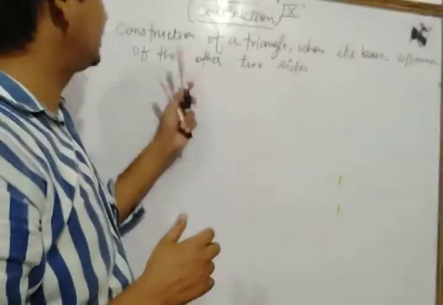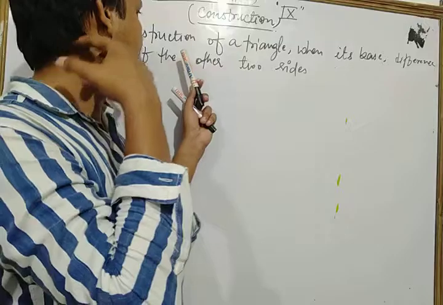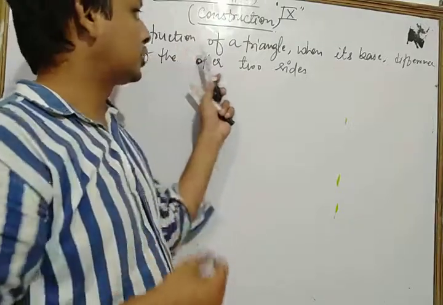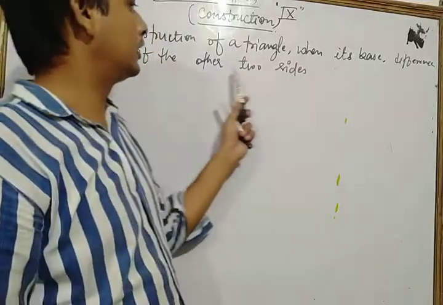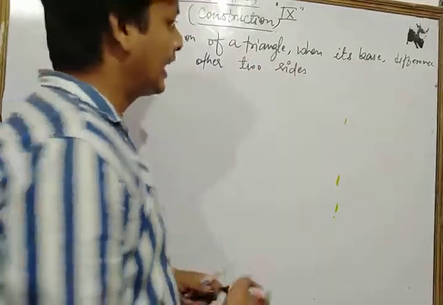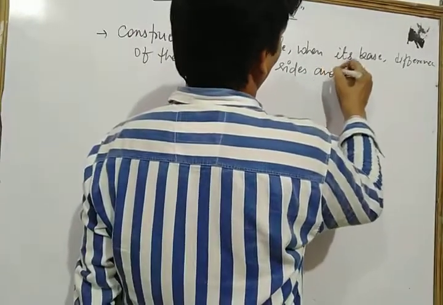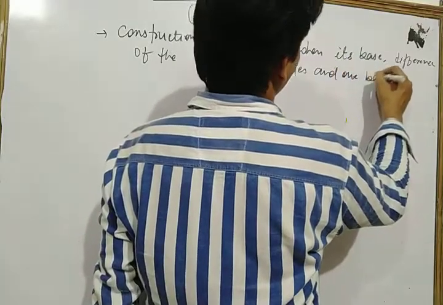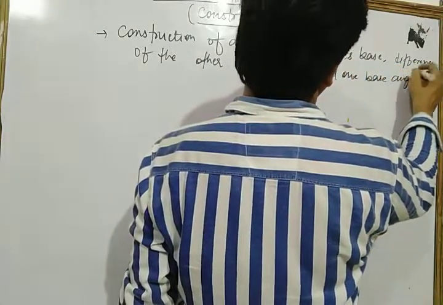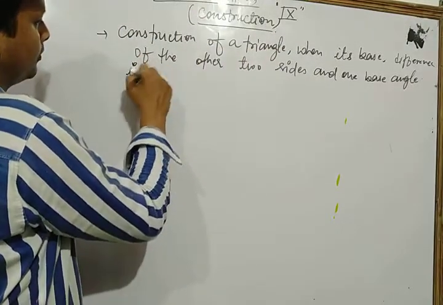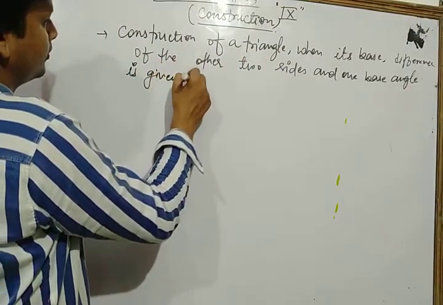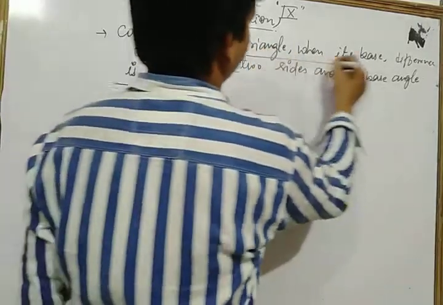Okay, today we are going to discuss the construction of a triangle when its base, difference of the other two sides and one base angle is given.